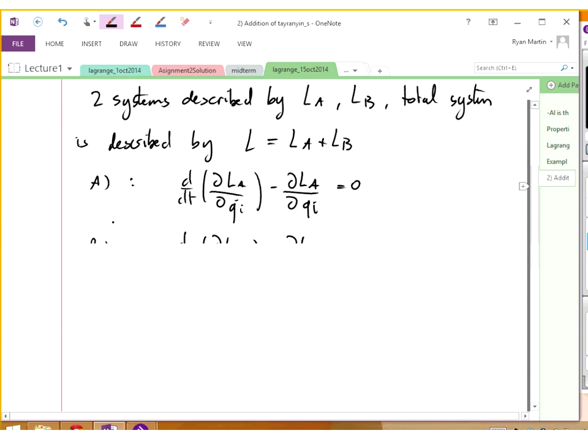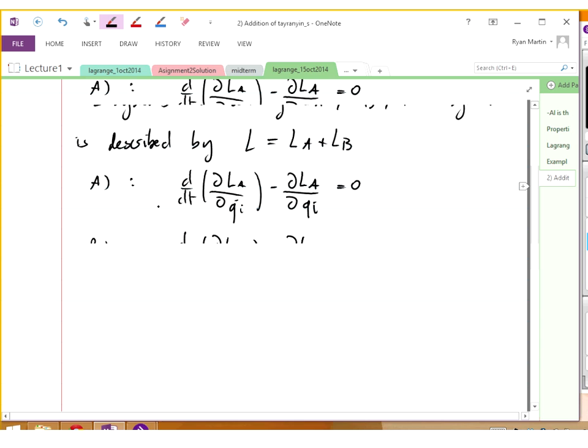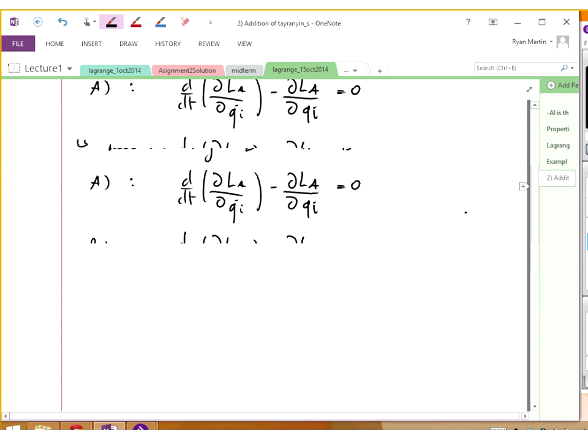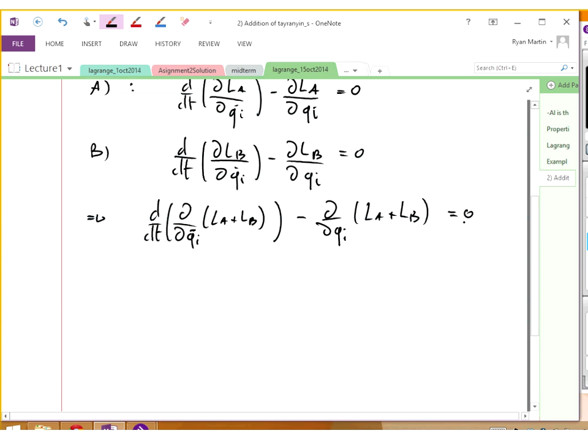And simply by the properties of adding the derivatives, it should be clear that d by dt of ∂/∂q_i dot of (LA plus LB) minus ∂/∂q_i of (LA plus LB) is equal to 0.